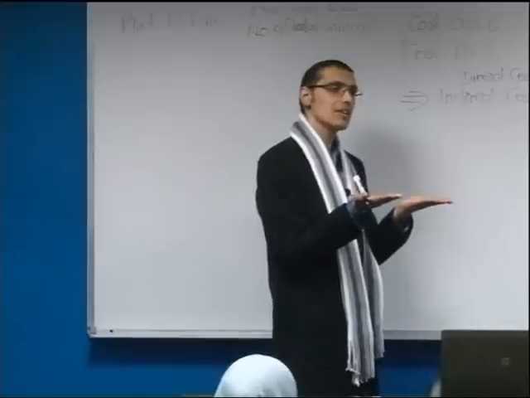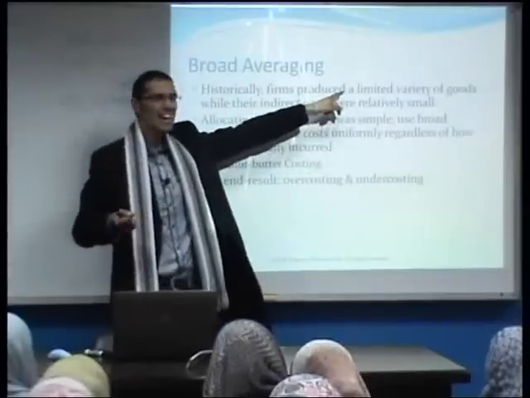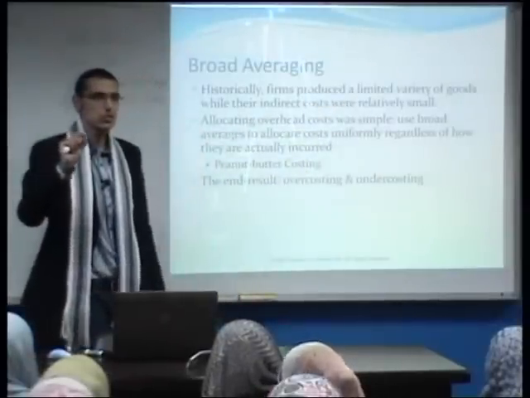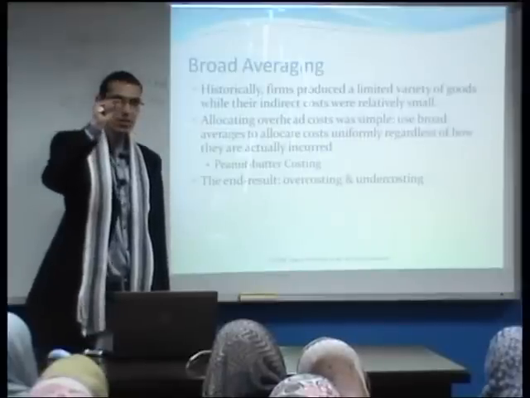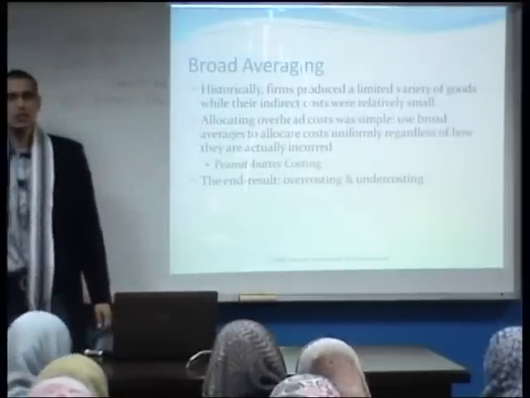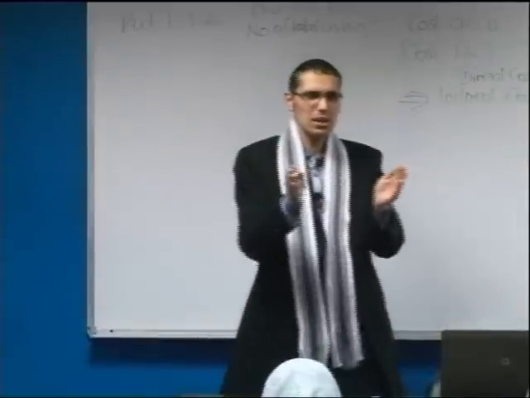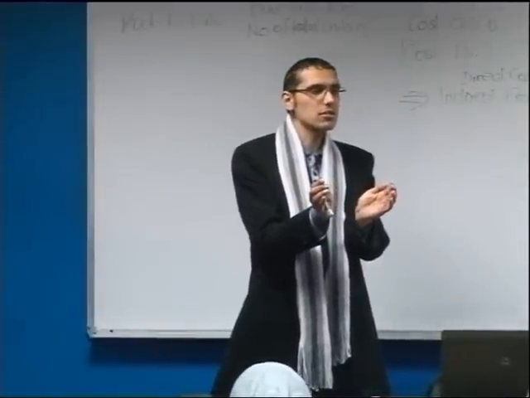Because in the cost-benefit analysis, they took into consideration that they have only a limited variety of goods and services. The number of products or services produced was relatively small. Therefore, if they had any inaccuracies, these inaccuracies would be limited to a small number of products.